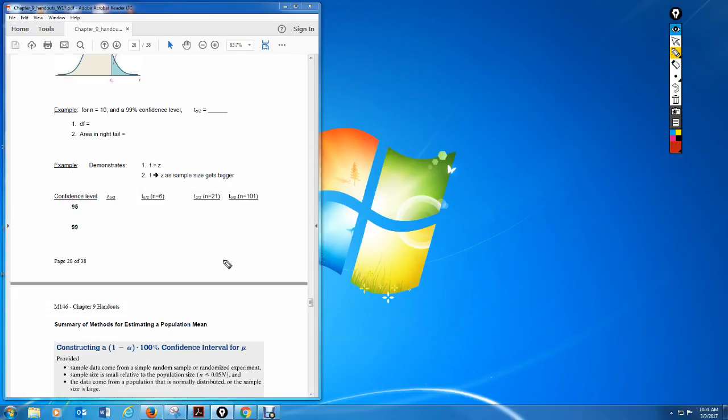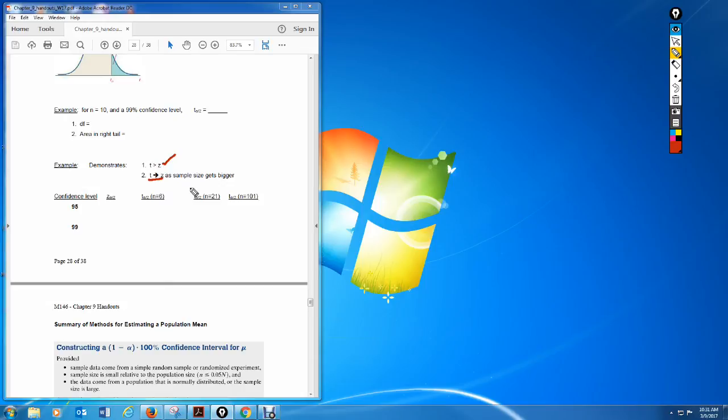All right, so just an example of some various critical values, just to demonstrate that, first of all, the critical t value is always greater than the critical z value, but also to show you that t gets closer to z.